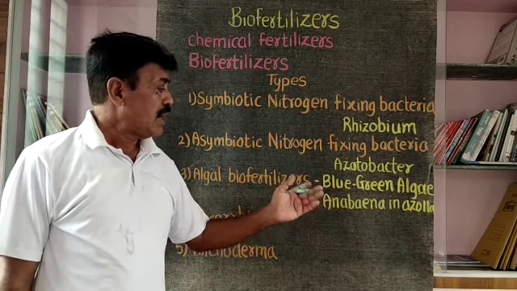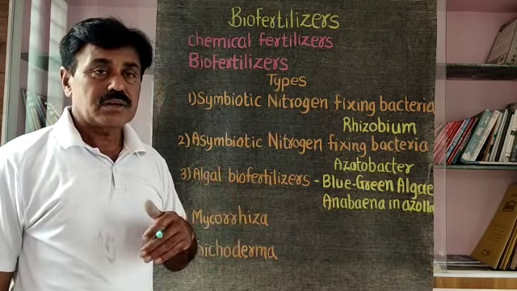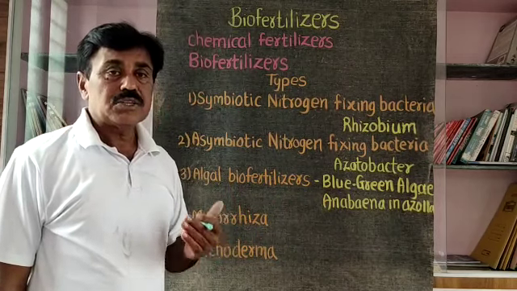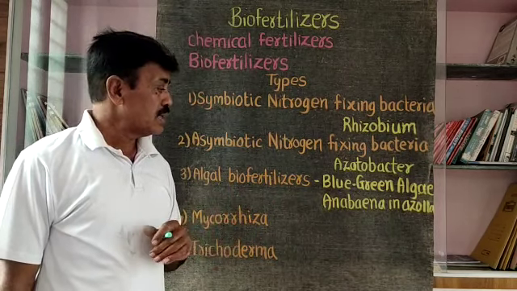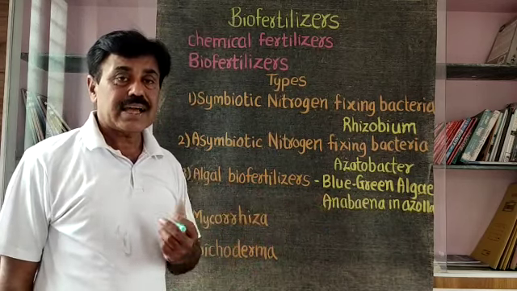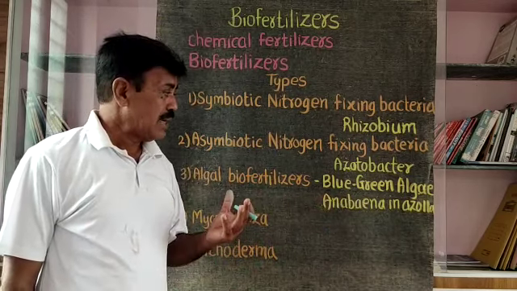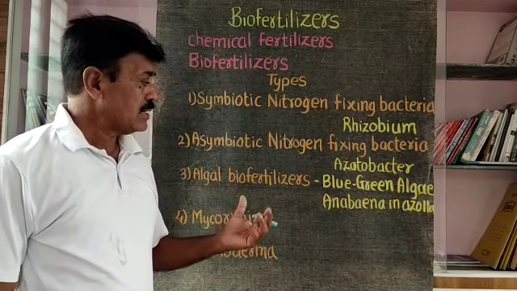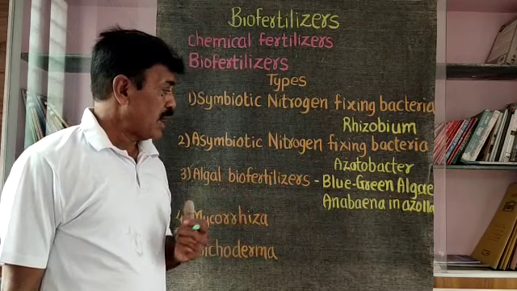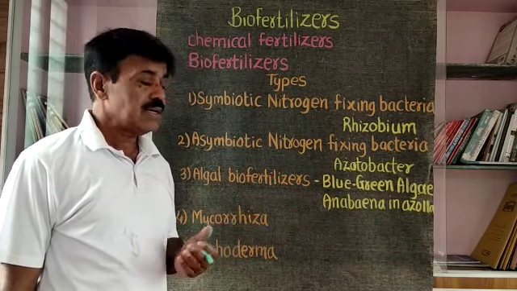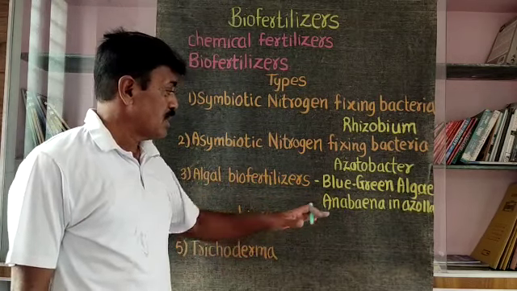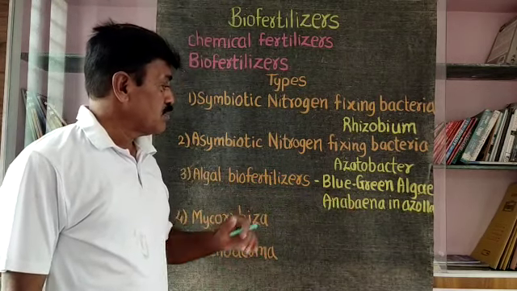For example, anabena is present in the azolla. It is also responsible for converting the nitrogen into nitrate, and it is present in plants like azolla. Azolla is a pteridophytic, aquatic plant, and this plant contains anabena filaments in the plant body, and this anabena is responsible for concentrating the nitrogen in the nitrate forms, and at that time it is used as a biofertilizer.